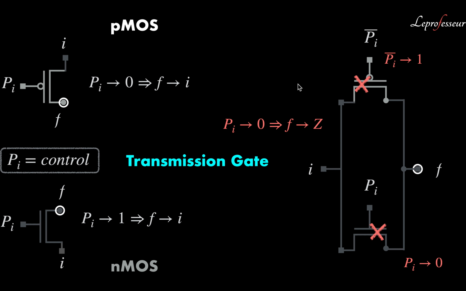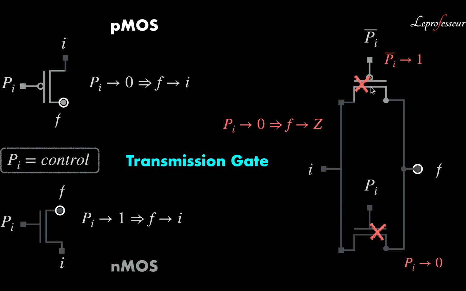What happens when PI, the gate control, tends to 0? Then the inverted version of PI will tend to 1. And it's an NMOS here, a PMOS here, so that will block the current flow, or the hole flow through the channel.